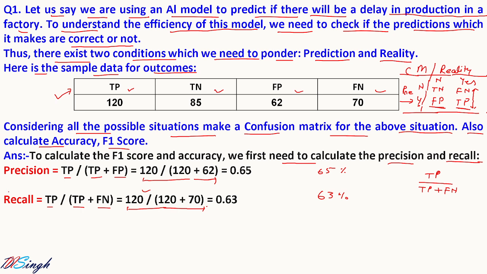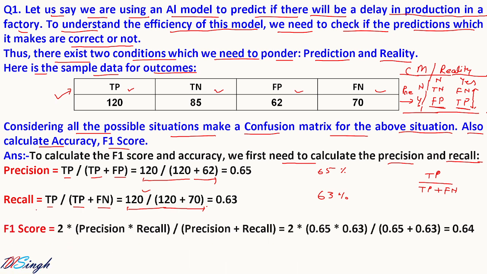Once you have the precision and recall, next is to calculate the F1 score. So what is the F1 score? 2 into precision into recall by precision plus recall. So if I write the formula here, 2 into precision multiplied by recall, upon precision plus recall.